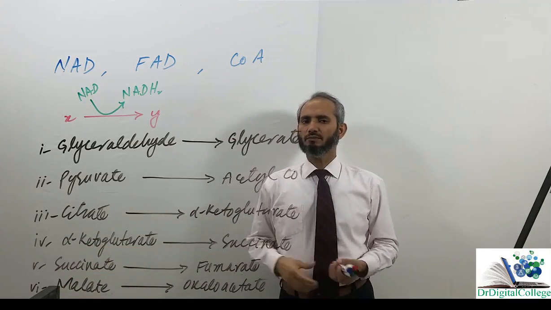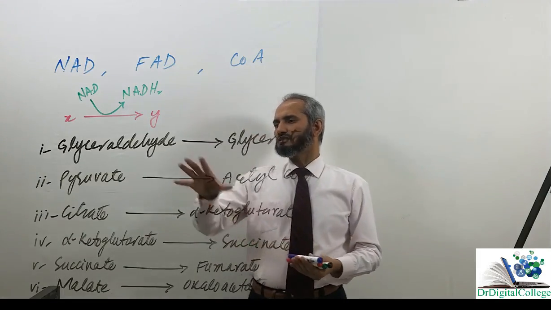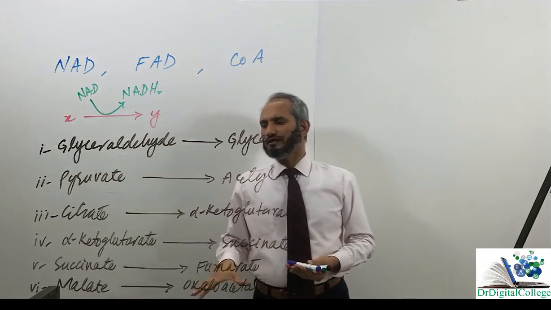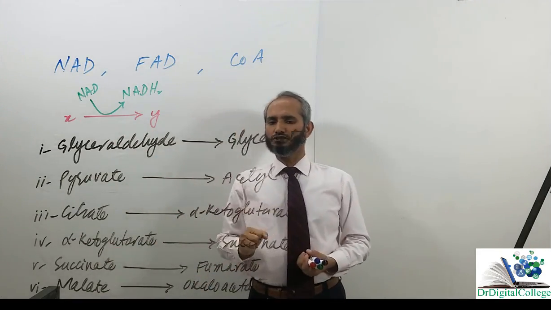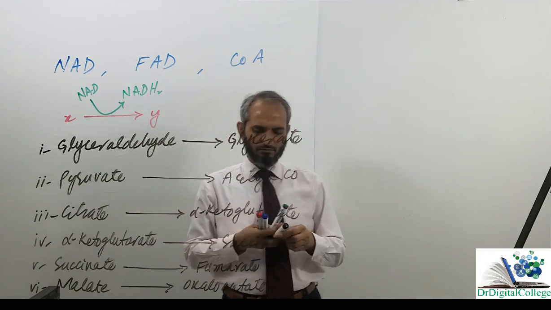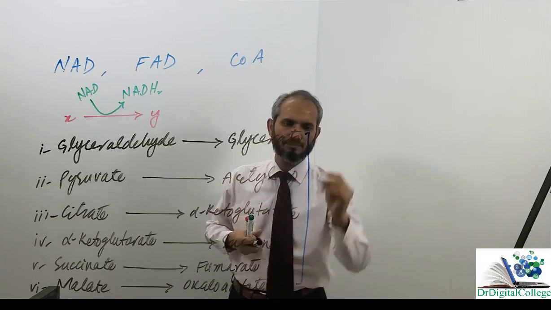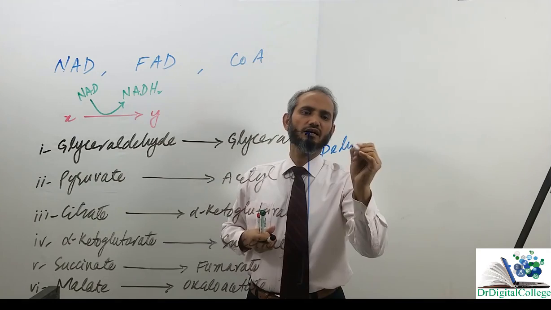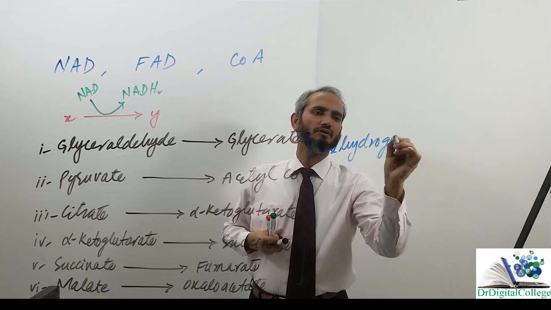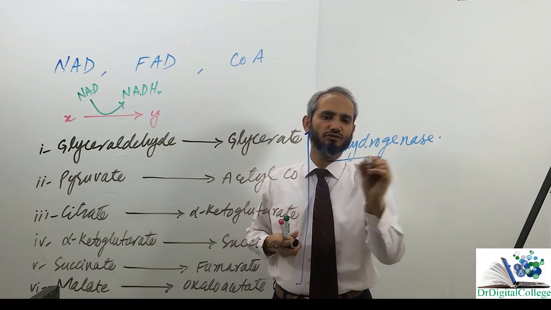occurring in the Krebs cycle. Now, from all these steps, it is clear that there is dehydrogenation. Hydrogen is being removed. So the enzyme being used in all these steps is dehydrogenase enzyme. It is removing hydrogen.